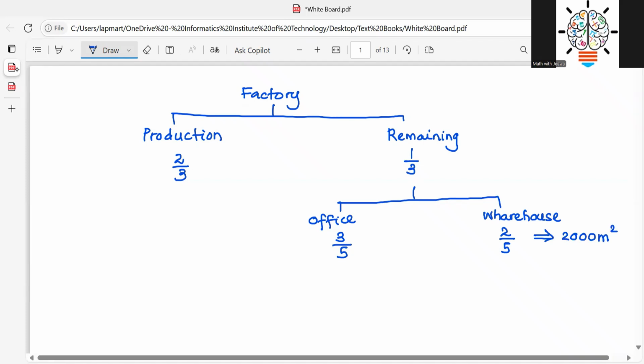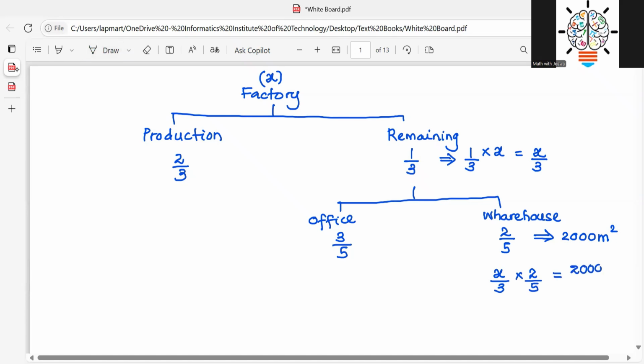Okay. So what I do here, if I take this as x, this will be 1/3 times x. So that is x/3. So this becomes x/3 times 2/5 is equal to 2,000.